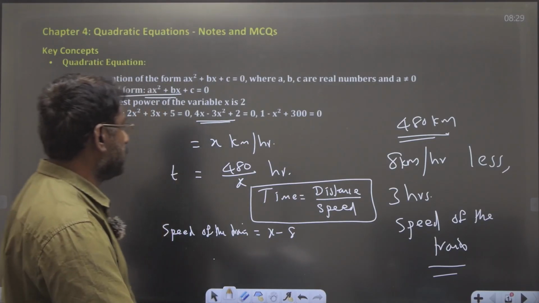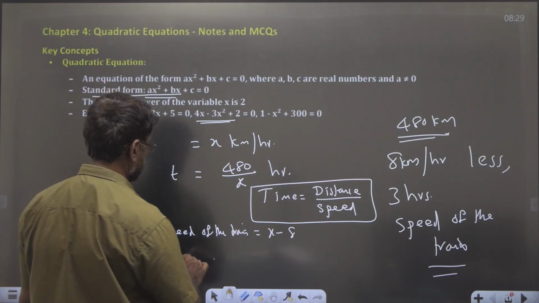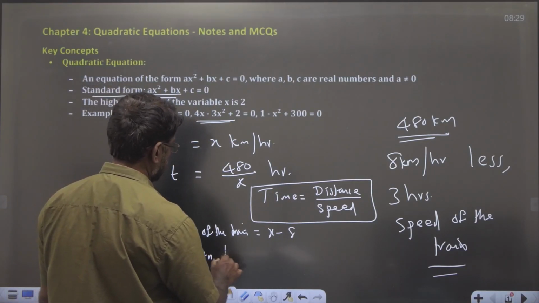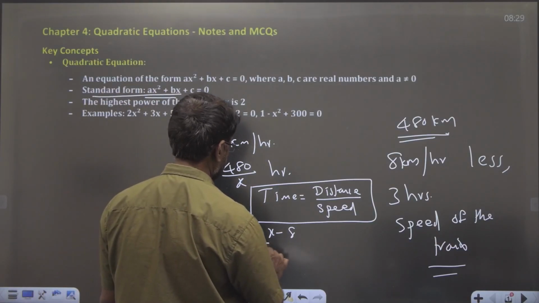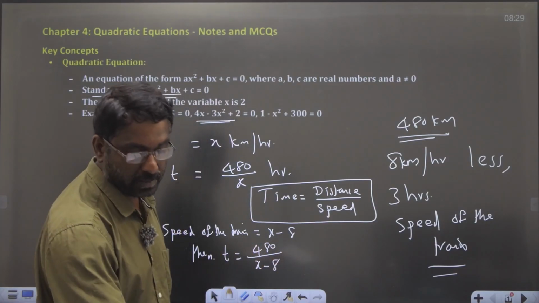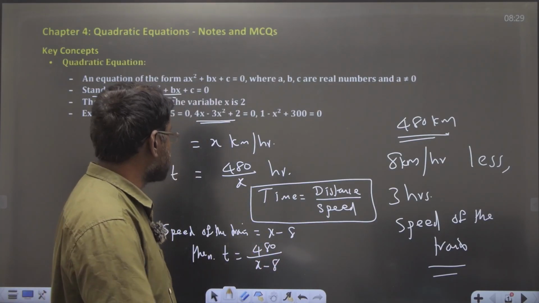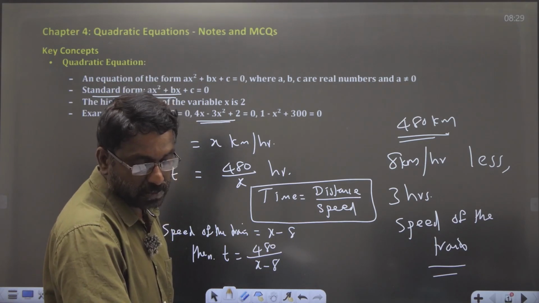Then the distance traveled is the same. Then t is equal to 480 divided by x minus 8. Then it will take 3 hours more.